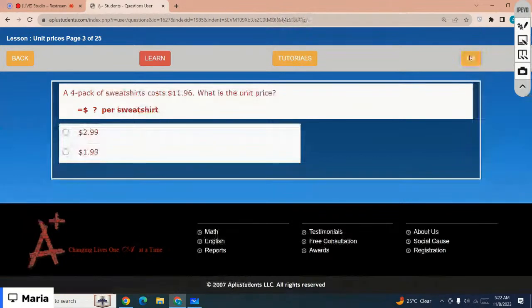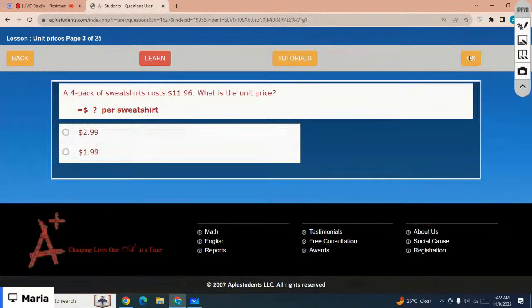A four pack of sweatshirts costs $10.96. What is the unit price? So basically you need to calculate the price of one sweatshirt.